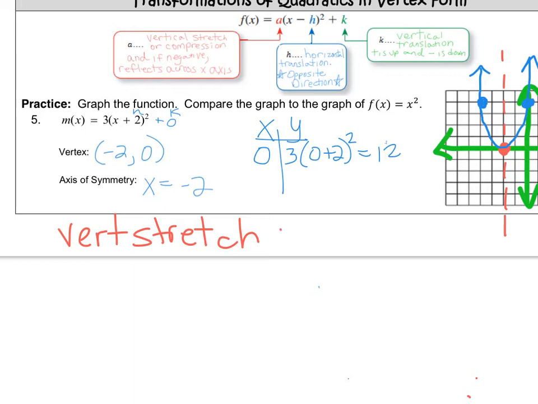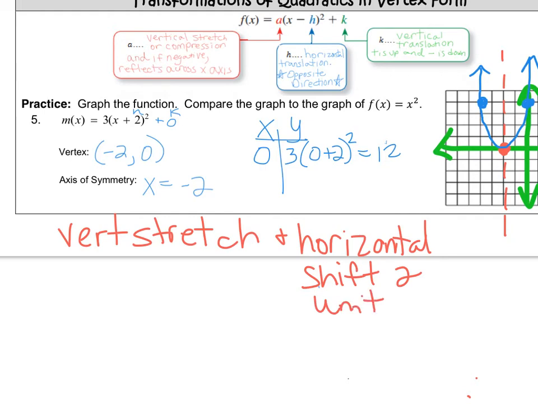So vertical stretch and horizontal shift. Now the horizontal shift was 2 units to the left and our vertical stretch was by a factor of 3. Okay, so that is the transformation of our graph.